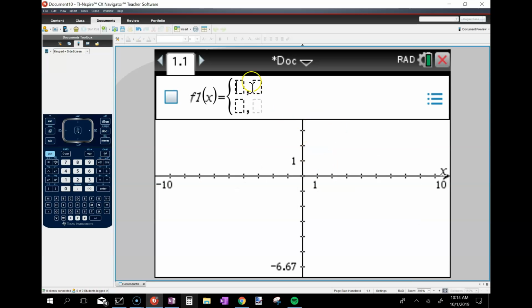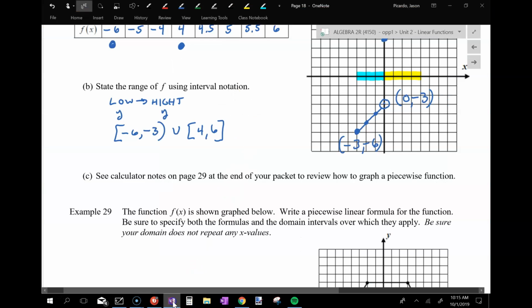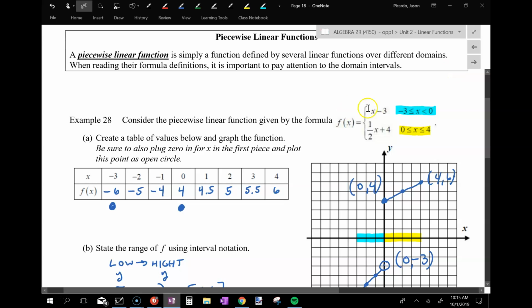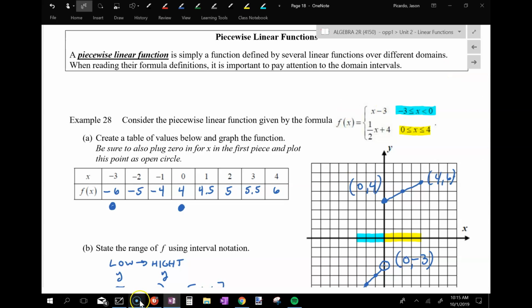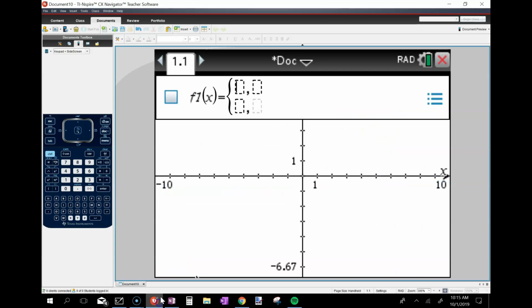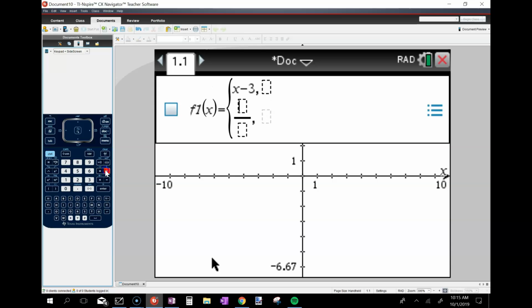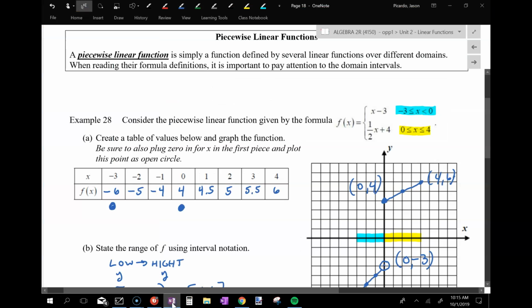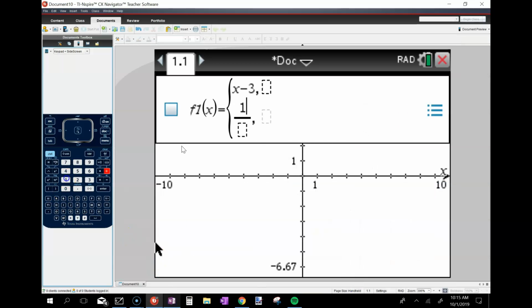Okay? What that'll allow me to do is put this piecewise function in. So I have x minus 3, and then I have a half of x plus 4.